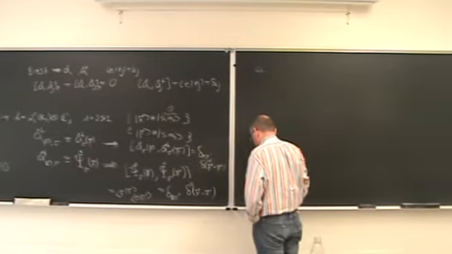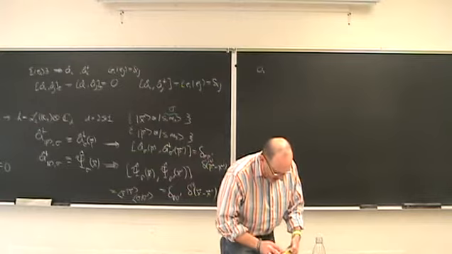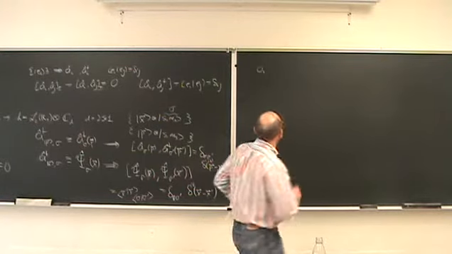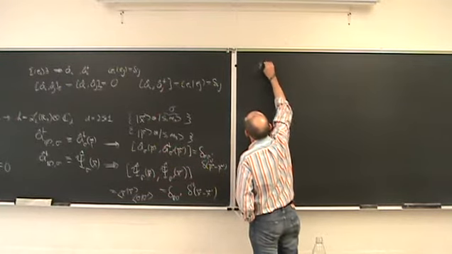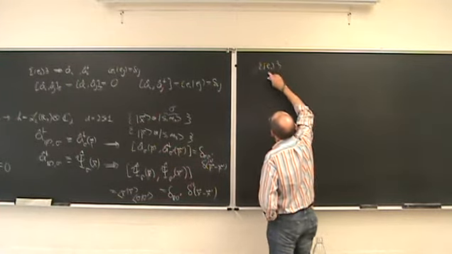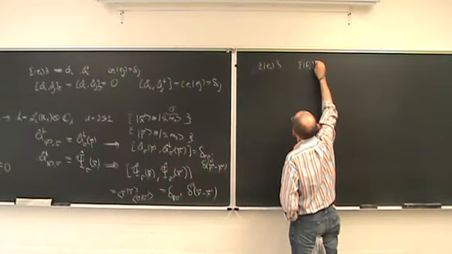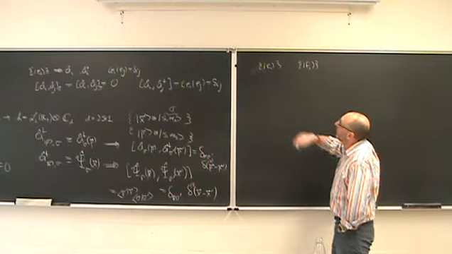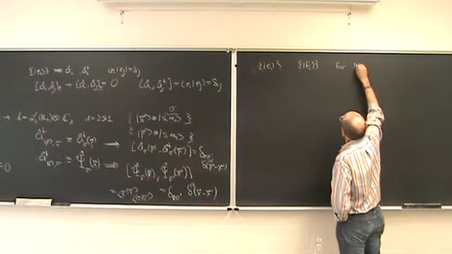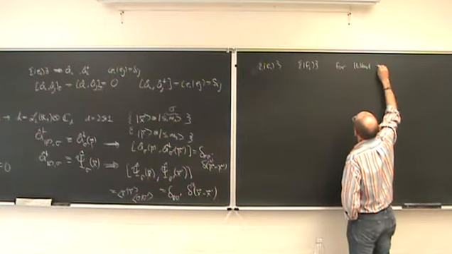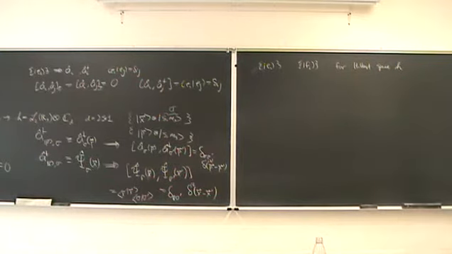For example, what we discussed previously is if I had, for example, the creation operator, if I have, say, two bases, say e_i is the basis for this space and f_i is a different basis, for the Hilbert space H. And these could be discrete or continuous bases.